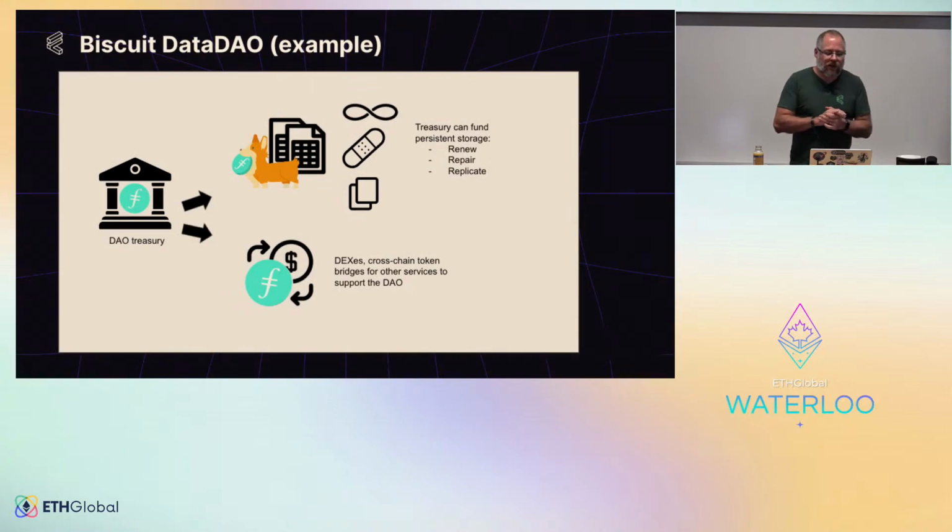So the DAO treasury, once the DAO takes these funds in, could then potentially actively invest those funds through things like liquidity pools, DEXs, lending pools, for example, that then support the DAO going onwards. So it could be effectively self-sustaining by generating revenue that way, that then funds the persistent storage of that data, the renew, the repair, the replicate that I mentioned before, to keep this data active.